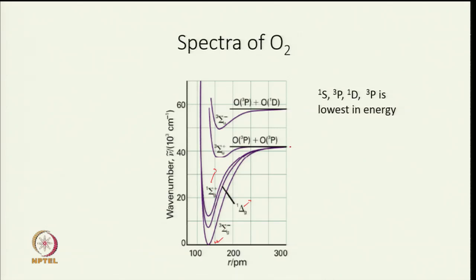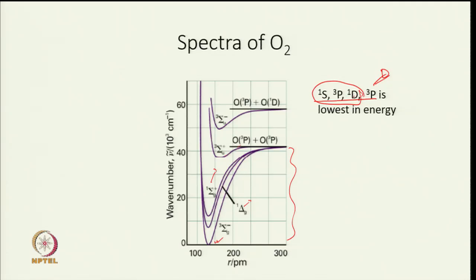So, this is for the oxygen molecule, and now if you go up, the oxygen molecule at this position dissociates into oxygen atoms, and if you remember the terms for the oxygen atom, these 3 terms are for the oxygen atom, in which 3 p is the lowest in energy, and that is what is shown here.